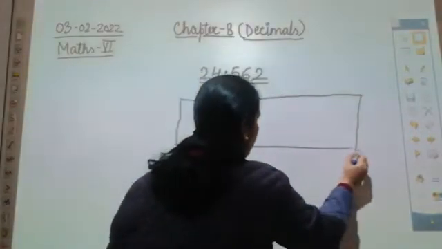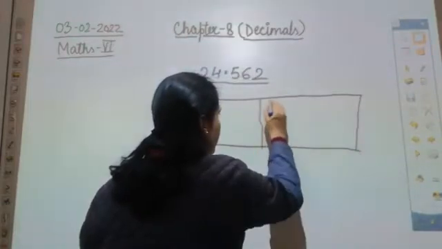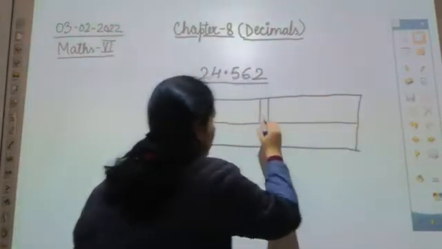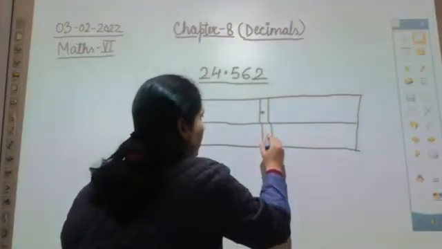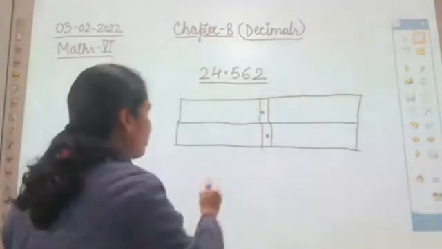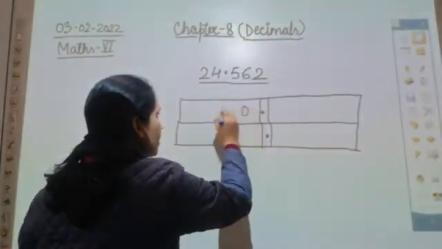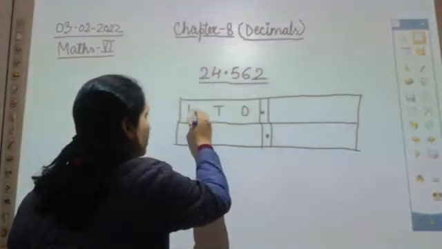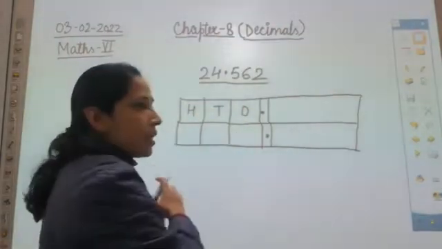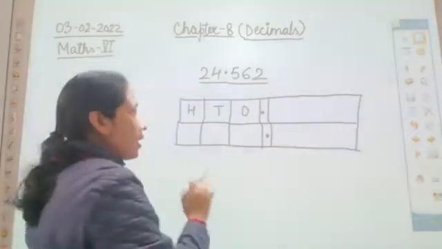Wherever you have the decimal point, that place you are going to leave. Now before that point we will have ones, tens, hundreds, and so on. Ones, tens, hundreds, thousands, ten thousands, lakh, ten lakh, crore, ten crore, and so on.